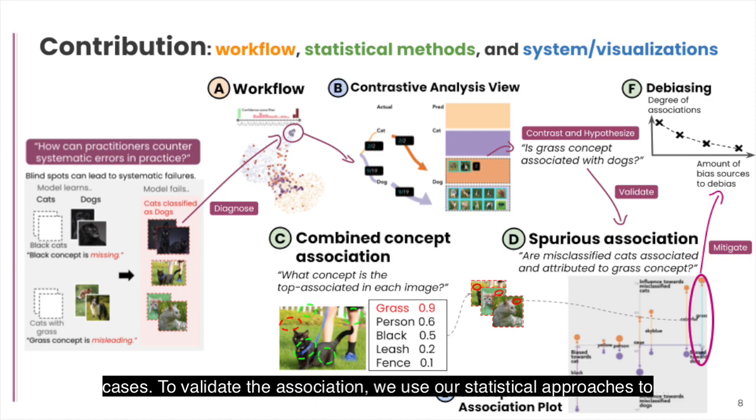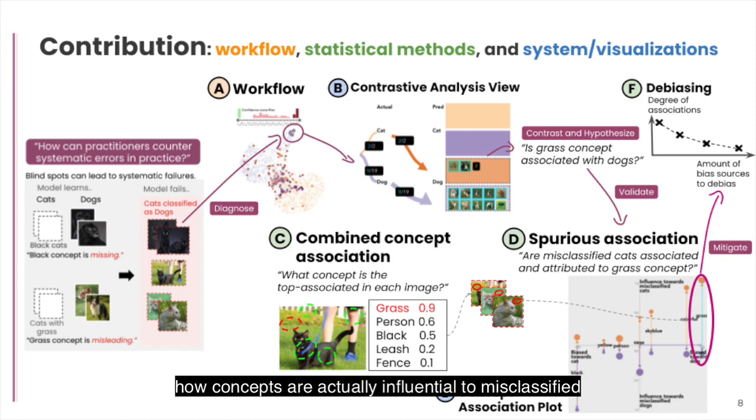To validate the association, we use our statistical approaches to measure what the top associated concepts are over the training set and how concepts are actually influential to misclassify the images in the test set. The mitigation method tries to debias vectors by projecting them to the orthogonal direction of the concept.